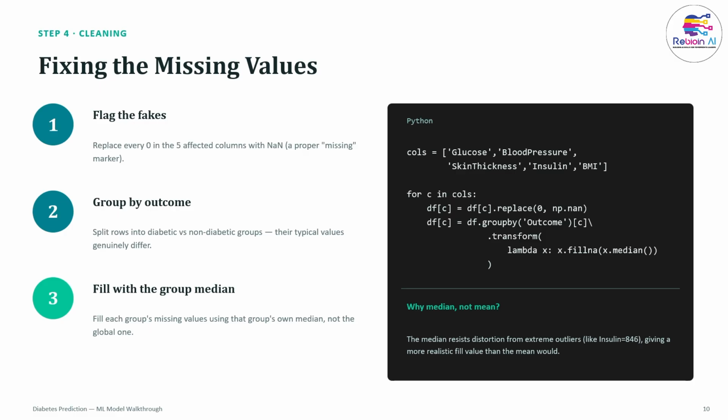Now, why median? Because columns like insulin have extreme outliers, and some patients show insulin values over 800, and a mean average would get dragged off center by those extremes. The median resists that distortion. So let's move further. And this is the code, how it will be looking like.